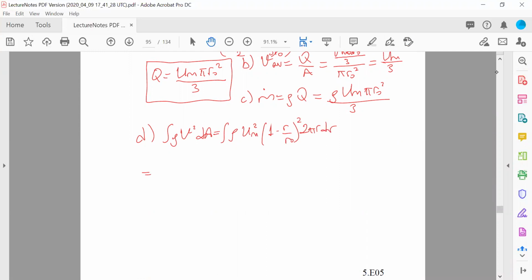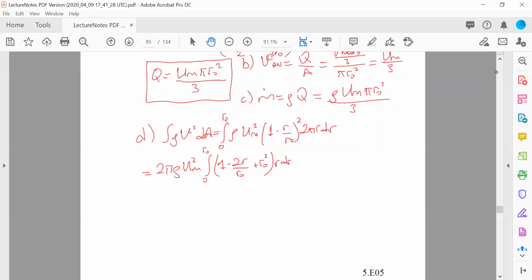Take the constants out, with integral boundaries from 0 to r0. Constants: 2 pi rho u max squared, and taking this square, we have (1 minus 2r over r0 plus r squared over r0 squared) times r dr.